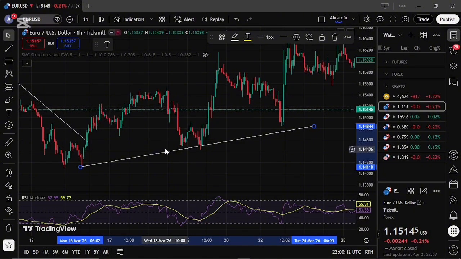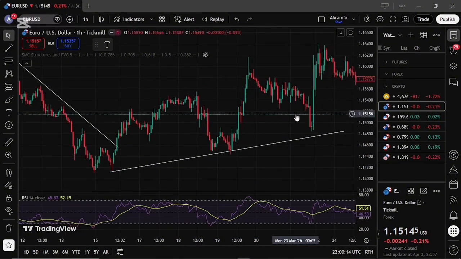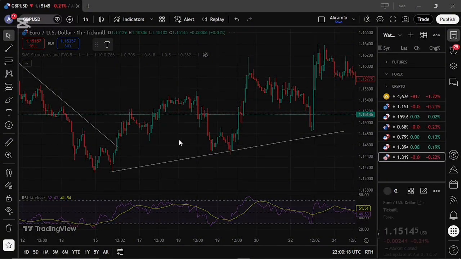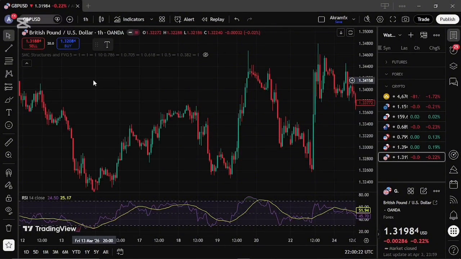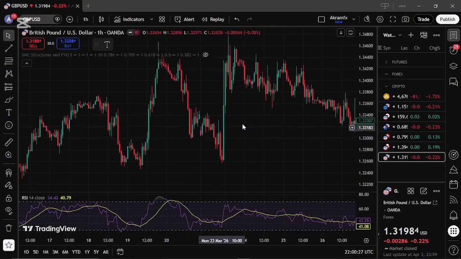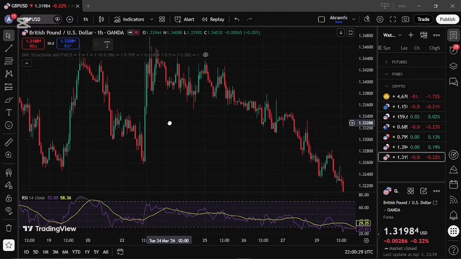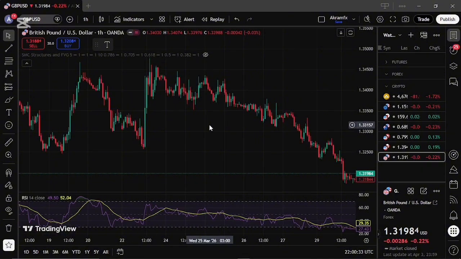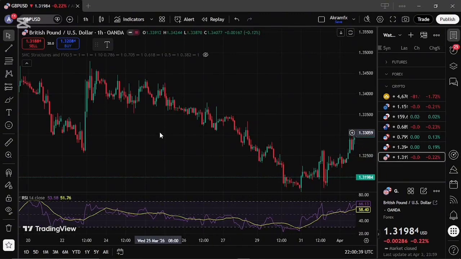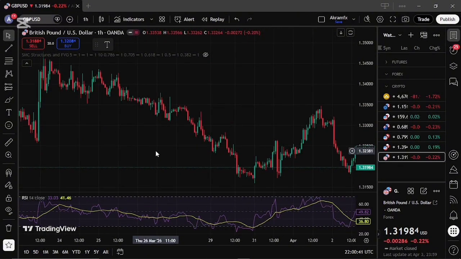Now we have another pair: the Great Britain Pound USD. Why would I recommend this chart? Because this pair is more aggressive than the Euro USD. It can move faster, you see, it moves very fast, which means it has bigger opportunities.